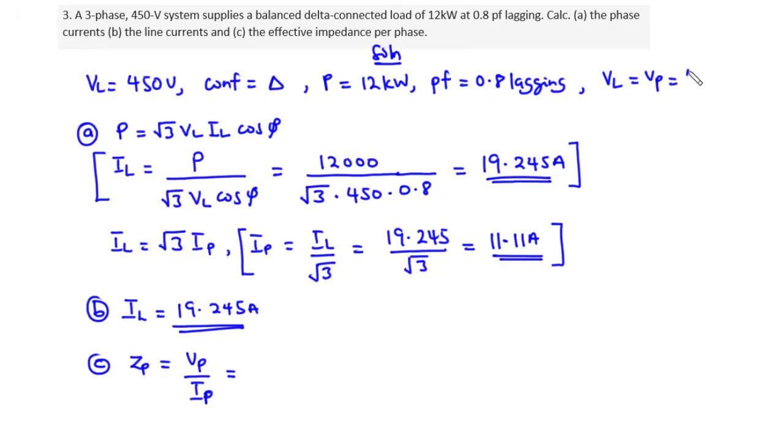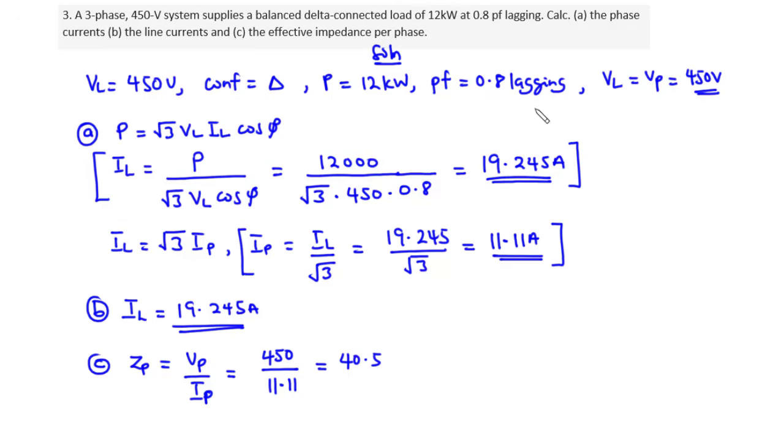So that is equal to 450. So we have 450 divided by Ip, which we had to be 11.11.